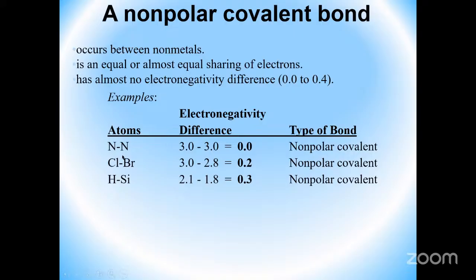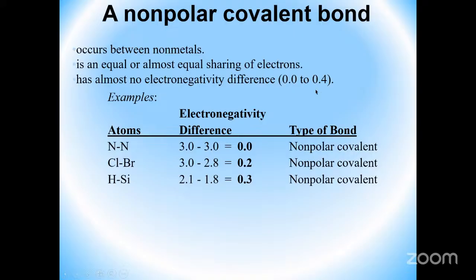Now, obviously, and this is true for the vast majority of cases, if you have two identical atoms bonded to each other, that's basically non-polar, right? But you can have some situations where you have two different atoms bonded to each other, but their values are so close. For example, in the case of chlorine bonded to bromine, the difference between them is 0.2. That falls within that range.